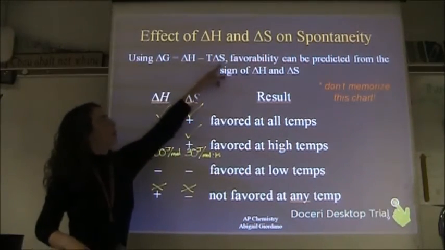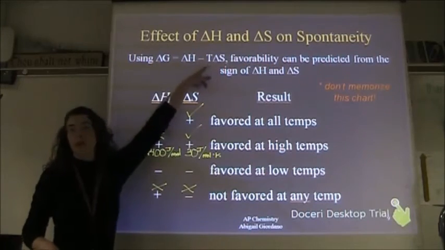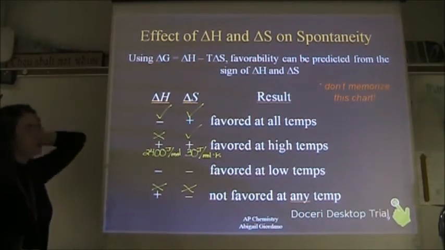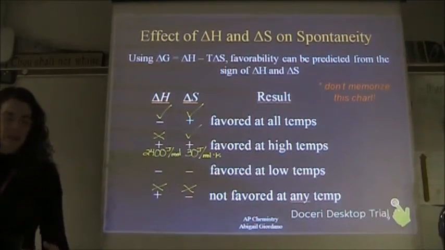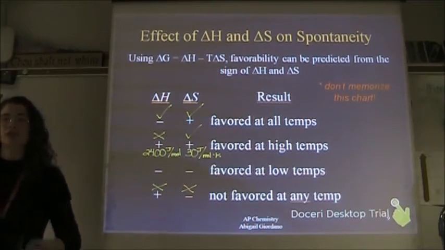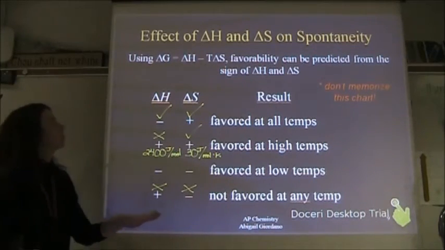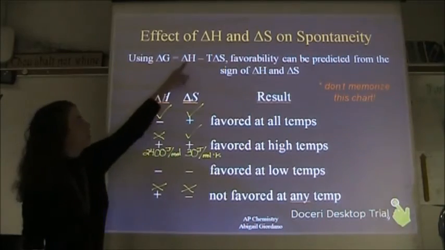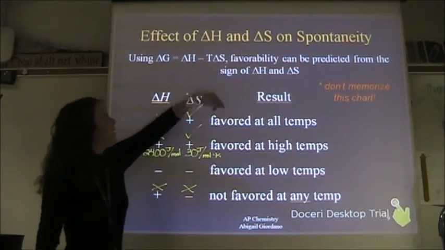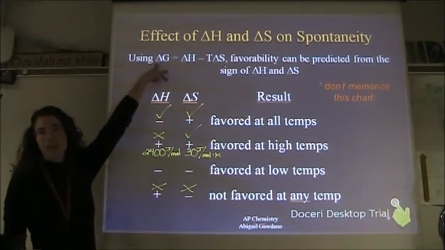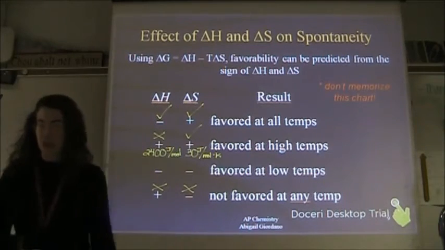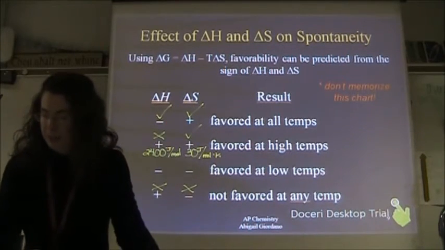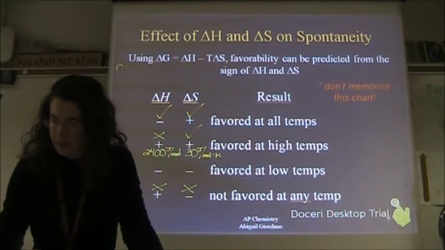I want you to come up here to this equation we were just using a moment ago, and we're going to do a little mental math. Let's pretend this is a multiple choice question. You don't have your calculator. I'm going to plug these numbers in, and for reasons I will explain in just a moment, I'm going to set delta G equal to 0.